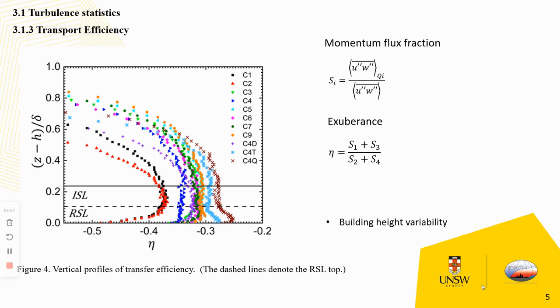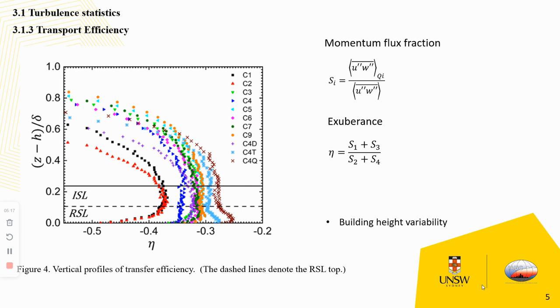From this figure, we can see that the transport efficiency starts from the ISL bottom, reaches its maximum in the ISL, and then decreases as the height increases.